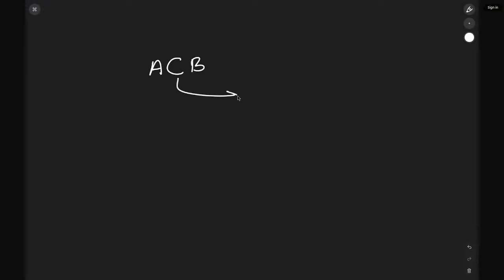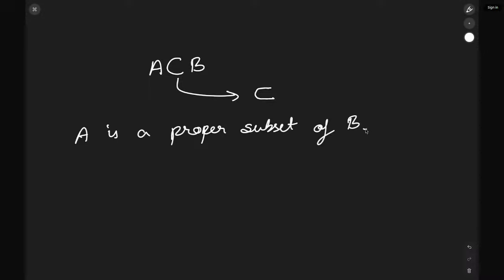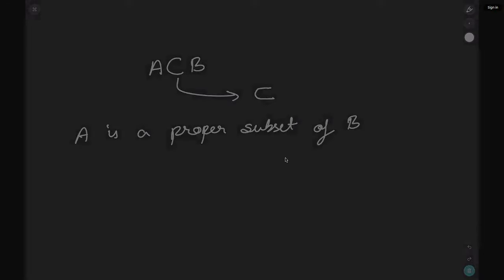This is written like this, and it reads as A is a proper subset of B. Understood? Okay. Now just write down this formula, all right? This will come very handy.